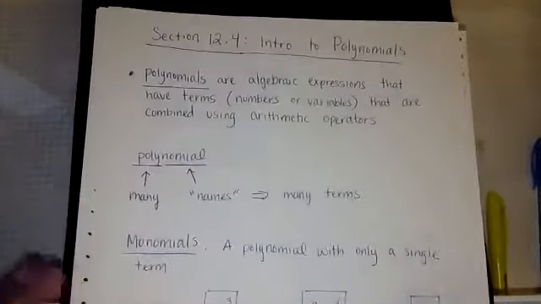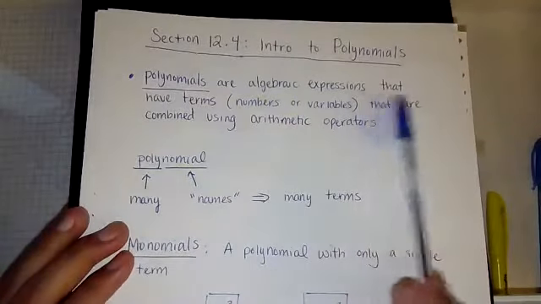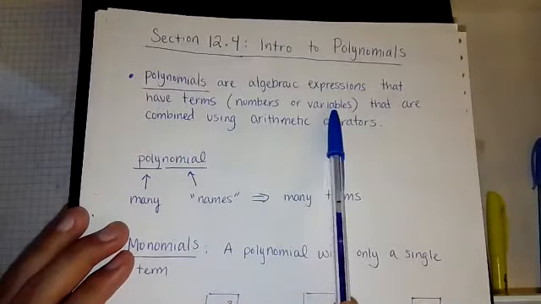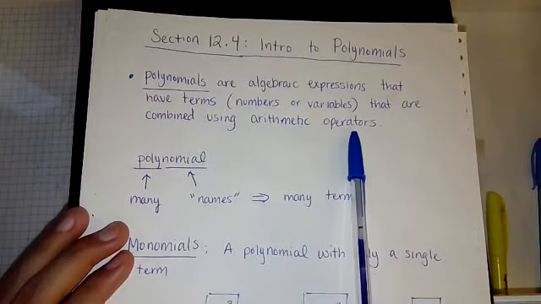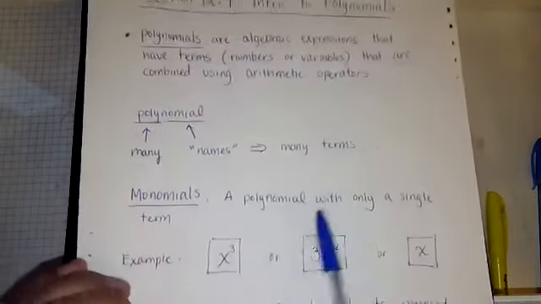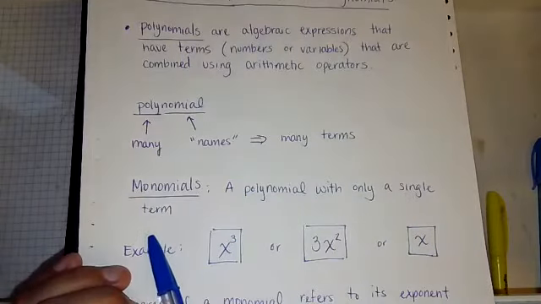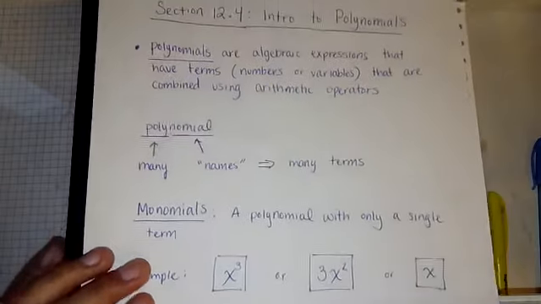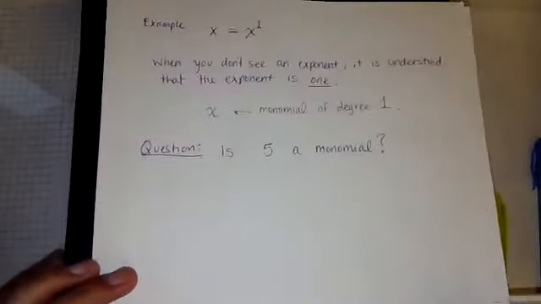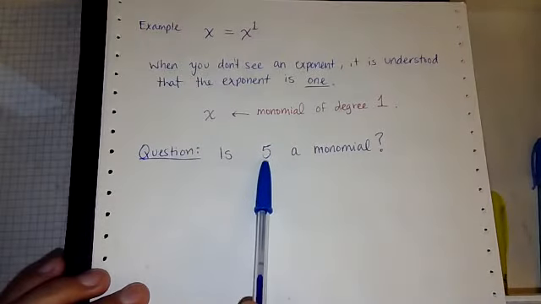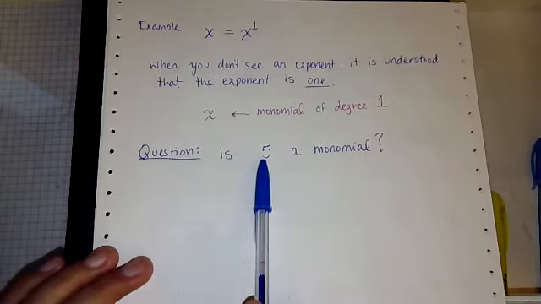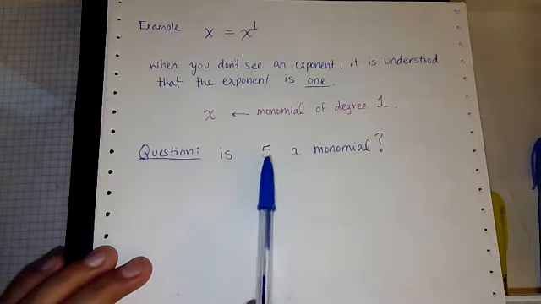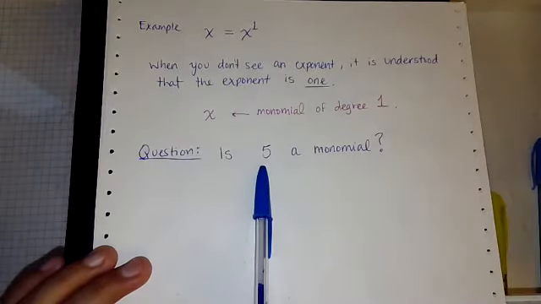Well, if we think about the definition, right, of what a polynomial is, it's an algebraic expression that can have numbers or variables that are combined using arithmetic operators, right? Or it could just be a polynomial with only a single term, right? But again, terms means either a number or a variable. So keeping that in mind, it should be pretty clear, if we use that definition exactly as it said, it could be a number or a variable, or both, well then 5 should be considered a polynomial.